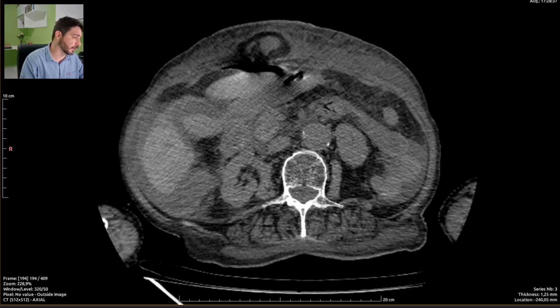So there are gallbladder and biliary duct stones. There is an atrophic spleen.